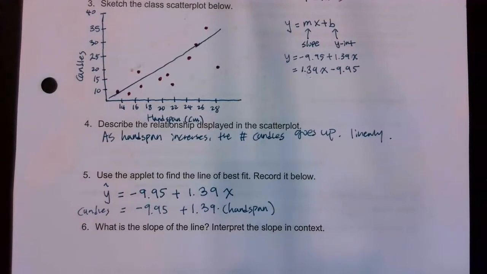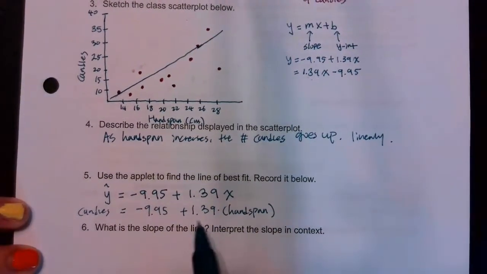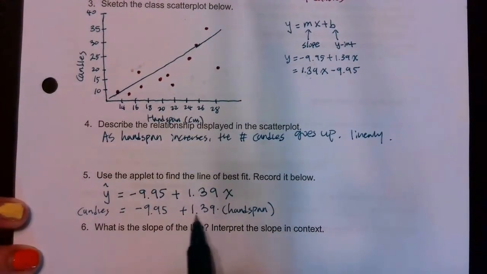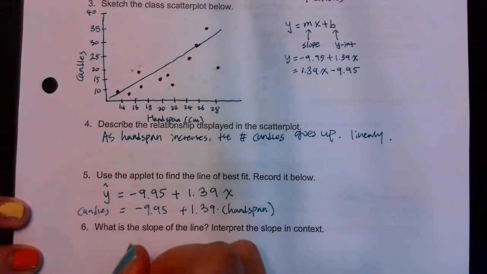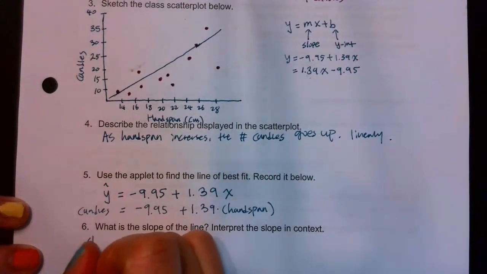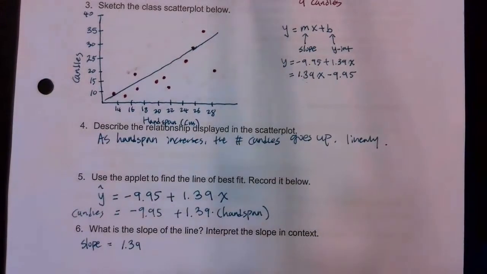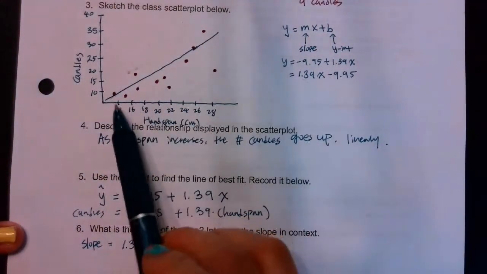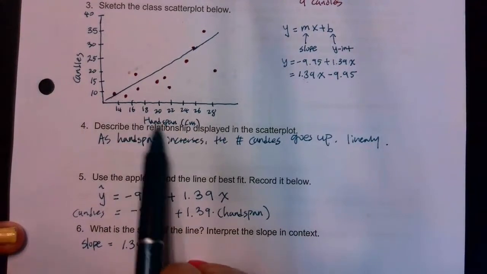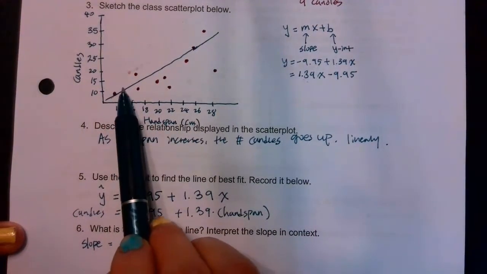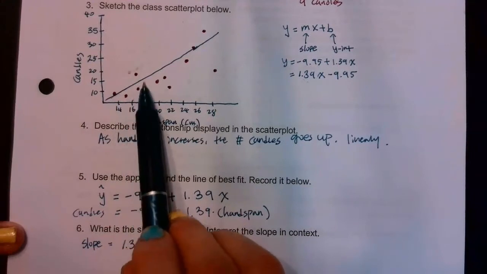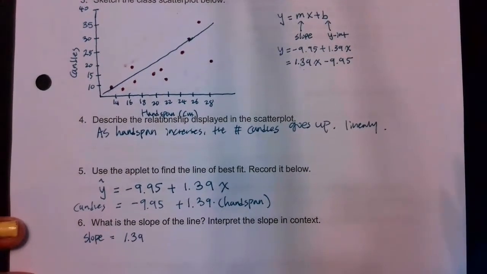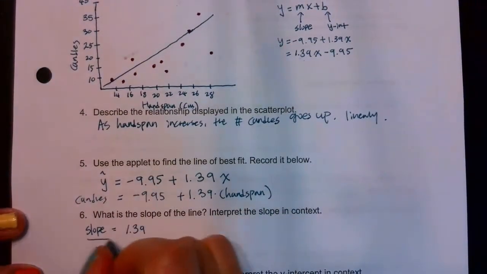Okay, there we go. So number 9, what is the slope of the line? Interpret slope in the context. So over here, the slope for our line was what? The slope was 1.39. What does that mean? That means for each centimeter of the handspan increase, that's how much more candy that a person is going to grab. Okay, so slope is 1.39. What does that mean?